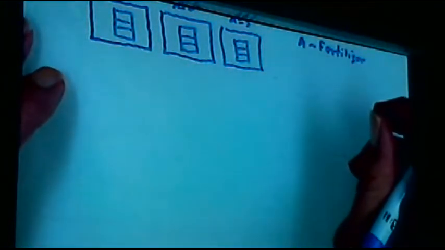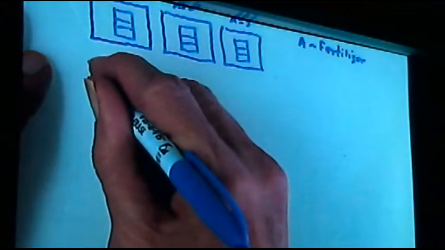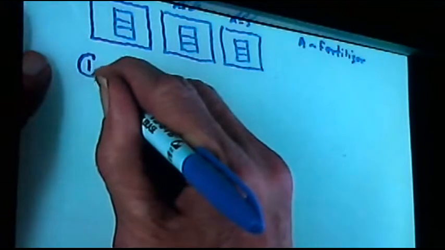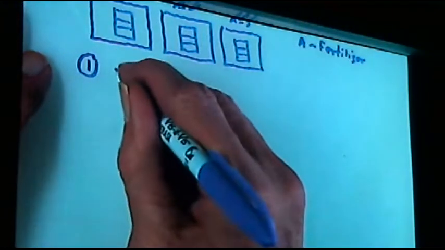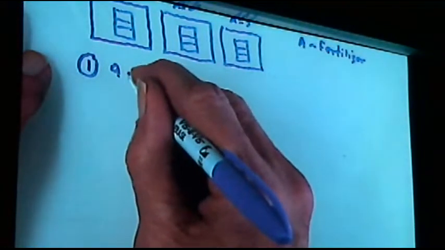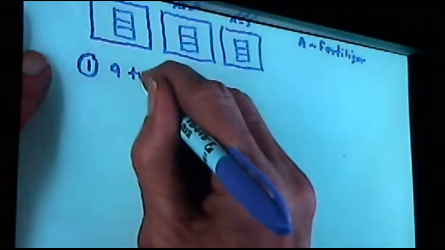Okay. Now, what's the B going to be? Well, I've got several possibilities to talk to you about. So as a first possibility, suppose I had 9 tree seedlings.